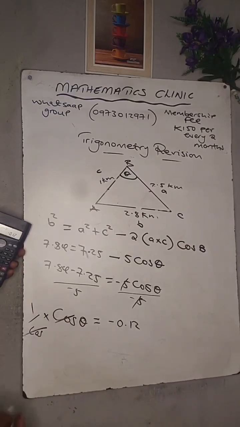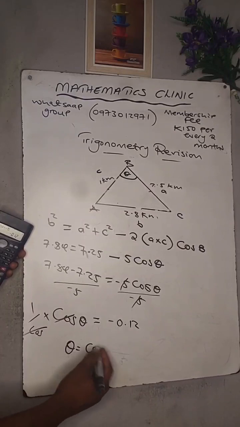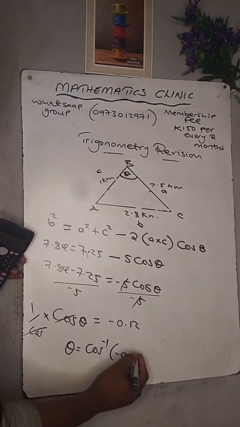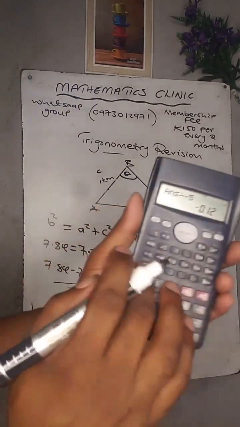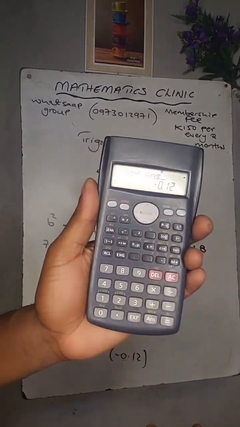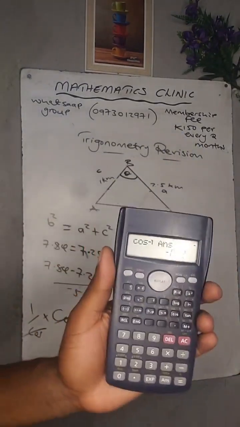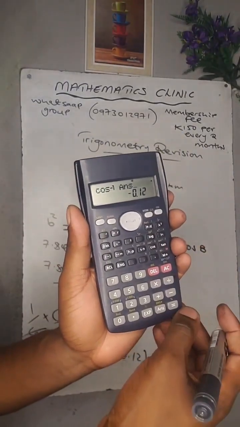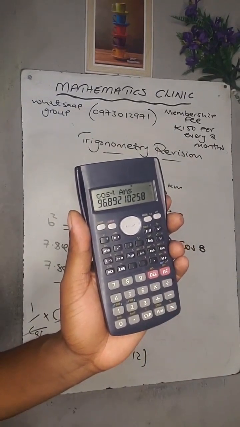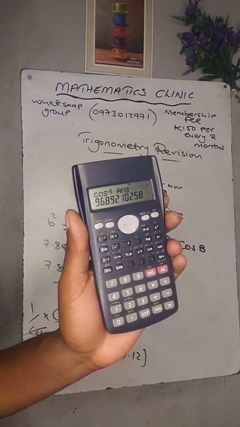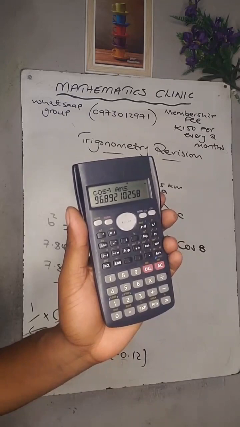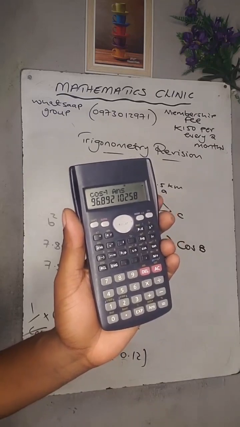So this cos will go, and on the other side, we are going to have cos inverse of negative 0.12. So from our answer, we just say shift cos inverse the answer, then equals. We get 96.89210258. So that's our answer, 96.8 or 96.9.